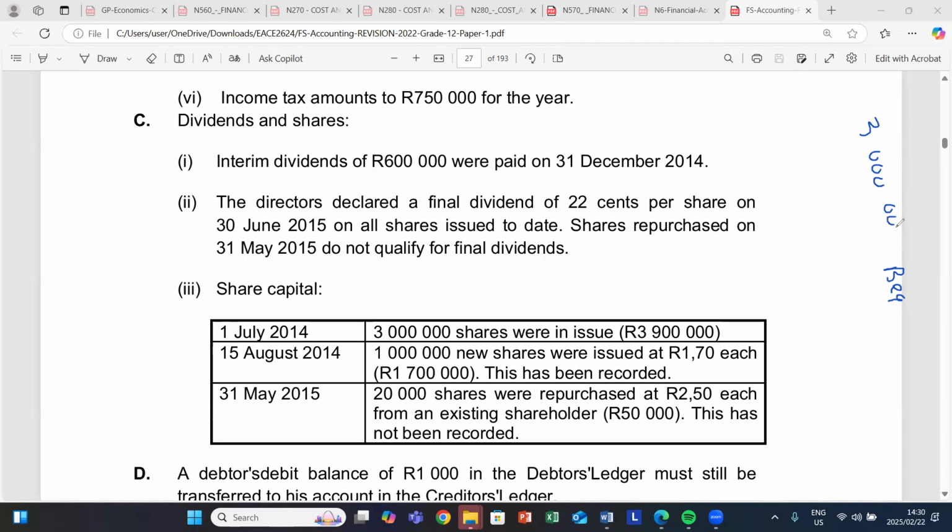Buyback is when the company buys back its shares from the shareholders. Buyback is when the company repurchases its shares from shareholders. That's what you call buyback. And then our buyback, we minus it. Or aren't we minusing it? We minus our buyback.